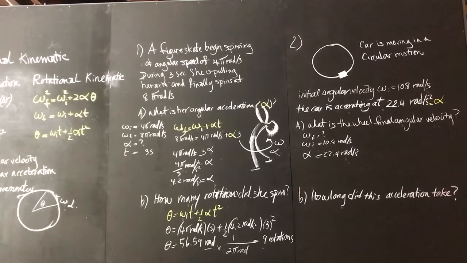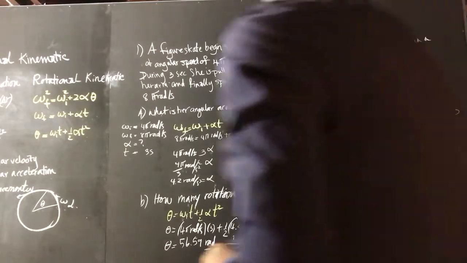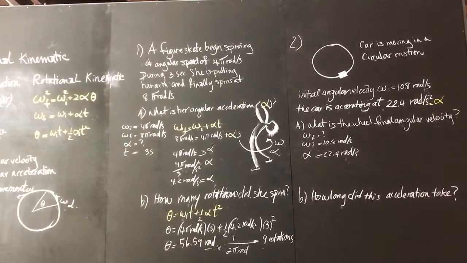Do you know the time? You don't know the time, so you cannot really use those 2 equations. Let's go back to the first one to see what we have.